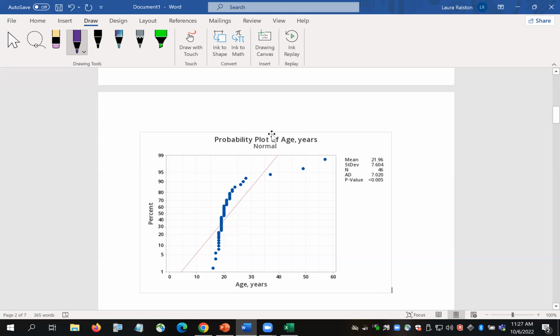Here off to the side, Minitab has calculated the mean of your data set, the standard deviation of the data set. It has the sample size, which was 46, and then it gives you AD, which stands for Anderson-Darling. So it gives you the test statistic for Anderson-Darling, which in this case is 0.7020.